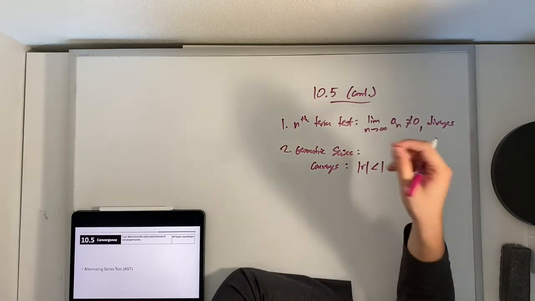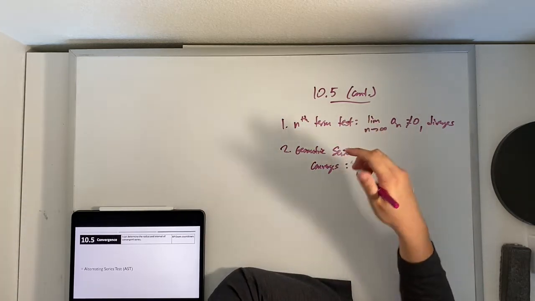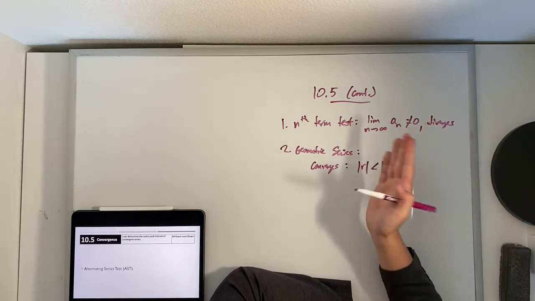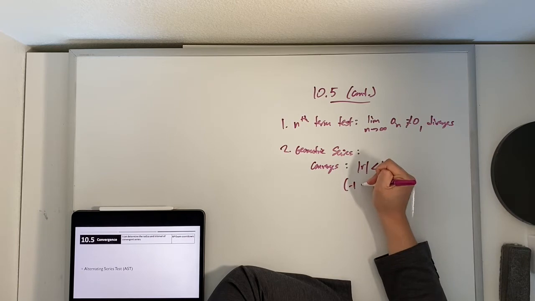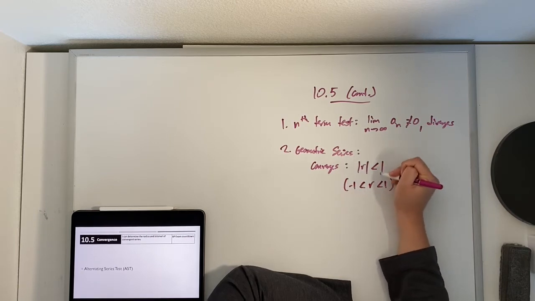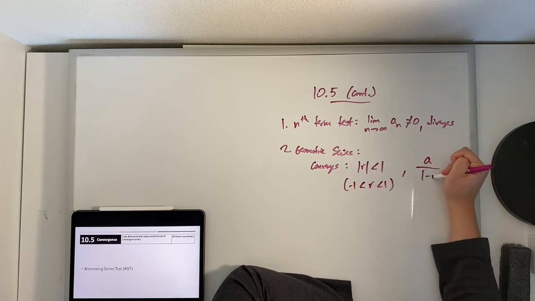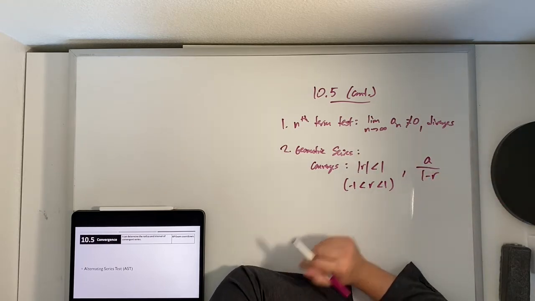So we will actually converge, we'll stop our sum at some value. If that common ratio is between -1 and 1, remember these are equivalent statements, then our series converges to a over 1 minus r.